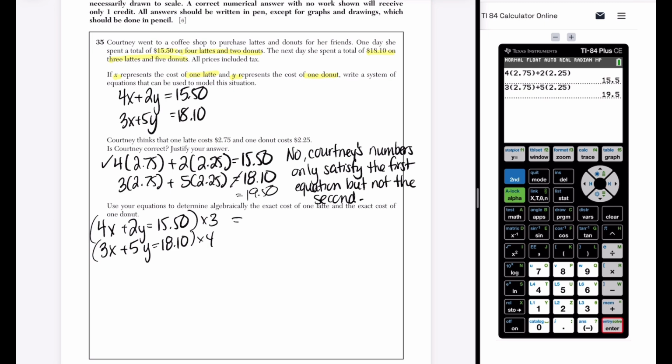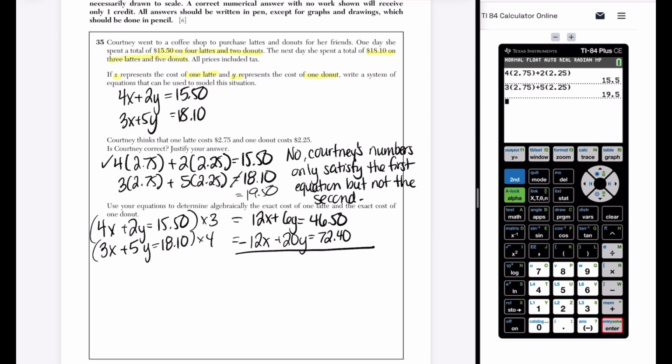All right. So now I end up getting 12x plus 6y is equal to 46.50. And on the other side, I get 12x plus 20y is equal to 72.40. And now I can subtract these.